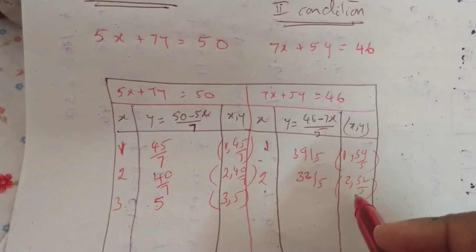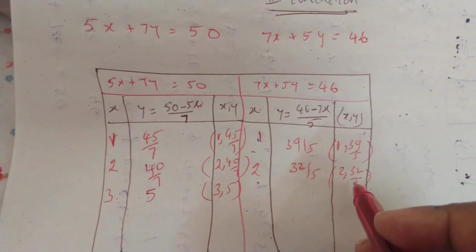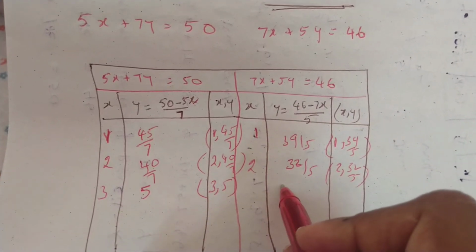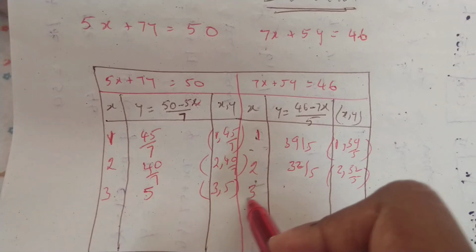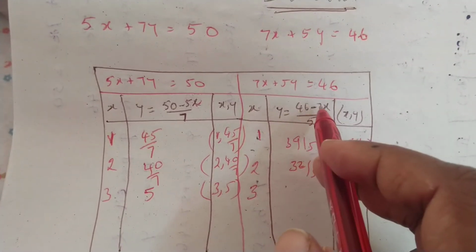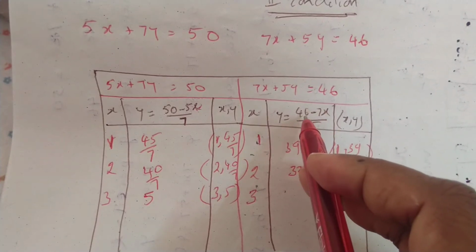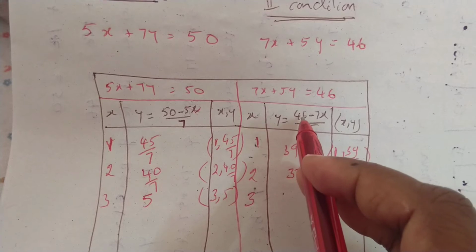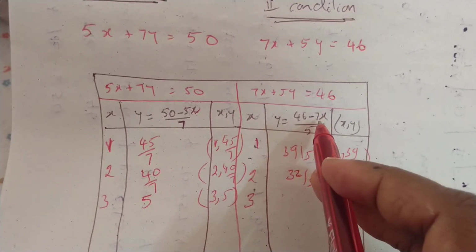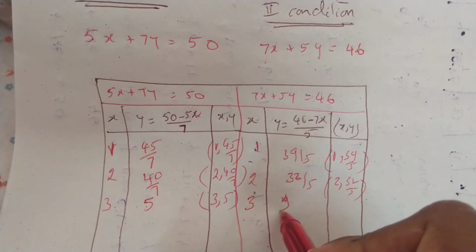So when you are plotting, if the problem is of plotting the graph, you take the decimal values and take the approximate values, right? And then next, the other one is when you are taking x is equal to 3, my y will become 3 7s are 21, 46 minus 21 is 25, so it is 25 by 5, which is 5.